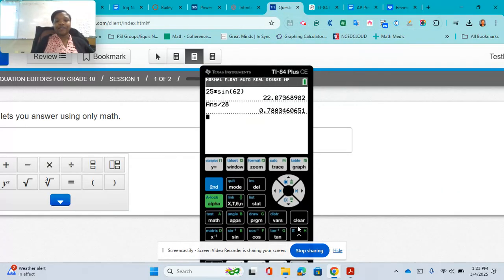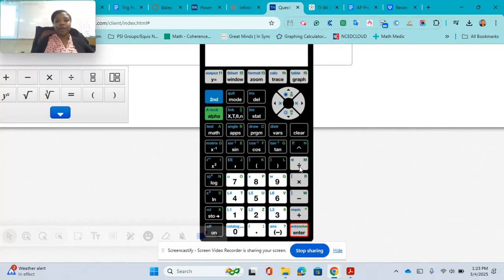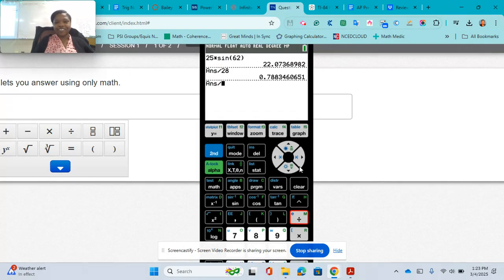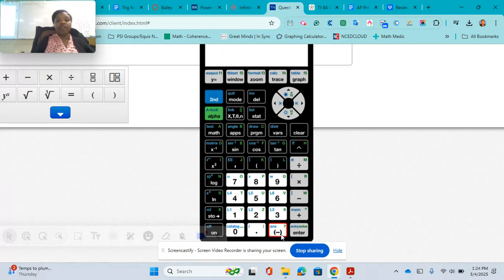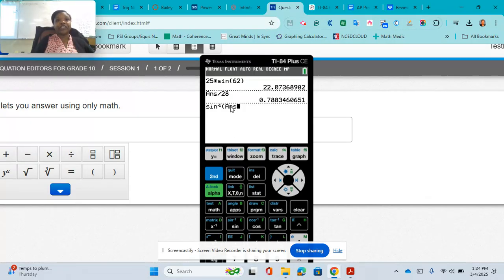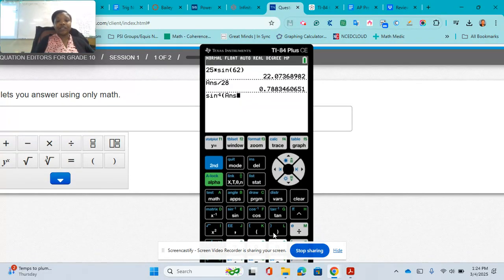So that previous answer, I am going to divide it by, I'm sorry, not divide it by, clear. That previous answer, I'm going to click second sine, which is the inverse sine, and I'm trying to get this answer in this parentheses. So I'm going to click second sine -1 to get the previous answer, and in parentheses.